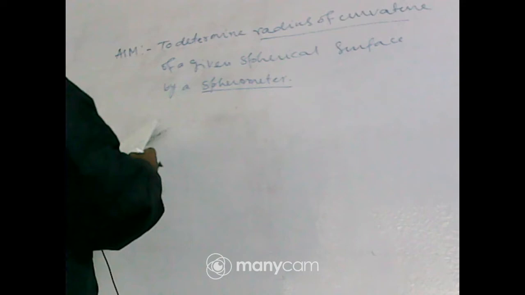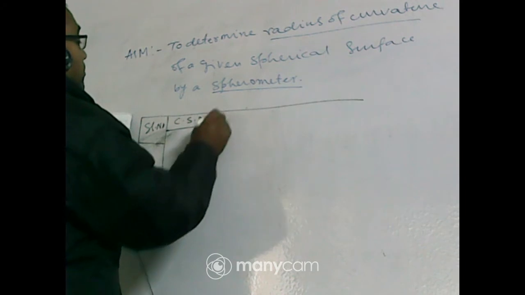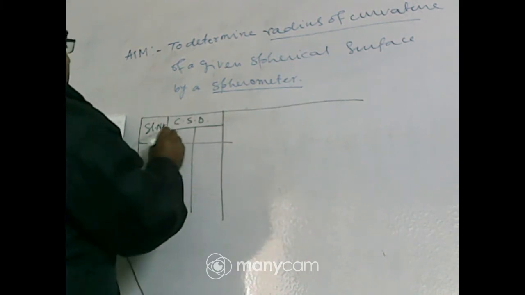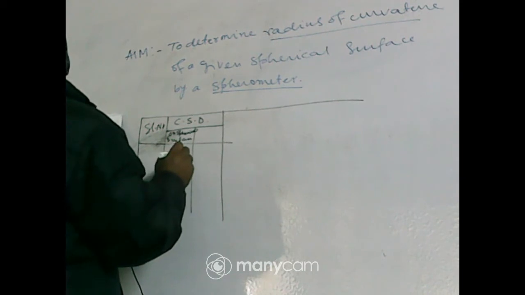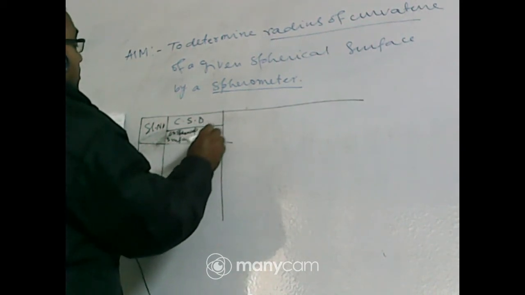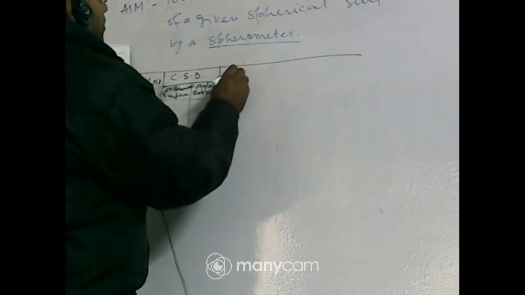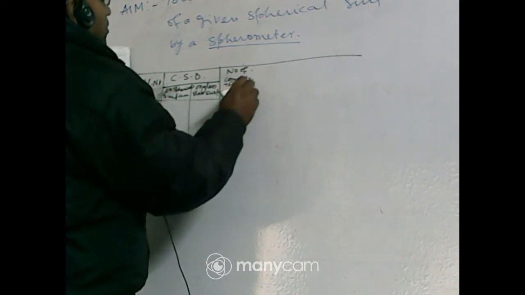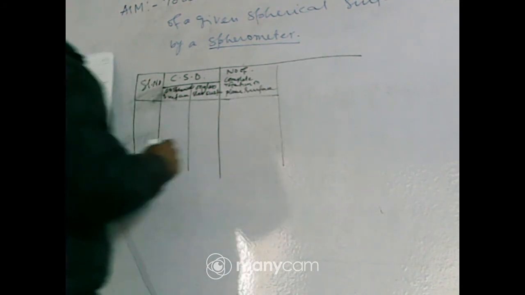Serial number. On spherical surface, on glass slab surface, number of complete rotations on the plane surface.